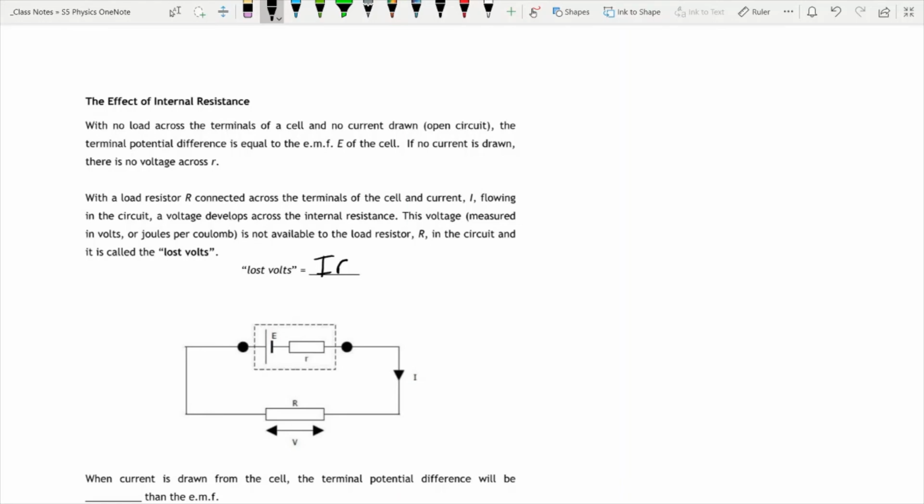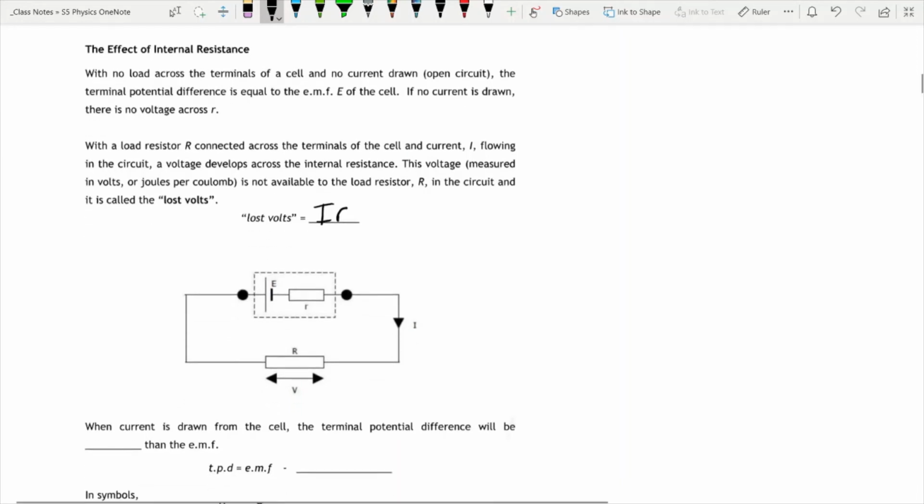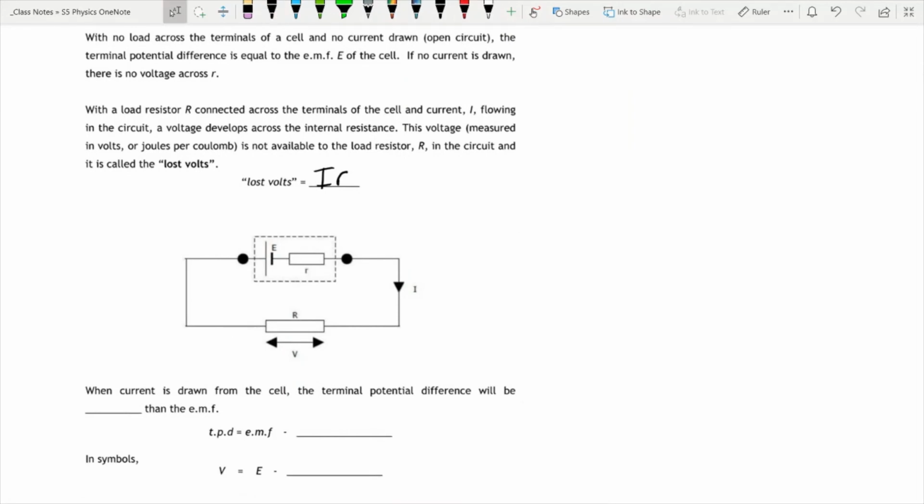For example, the EMF, the total voltage, might be 2.5 volts, but the TPD, the actual voltage that gets applied to the circuit, could be 2.4 volts. So the loss volts would be the difference between those, 0.1 volts. So you have an EMF, a total voltage, you have a TPD, the terminal potential difference that gets applied to the circuit, and you have loss volts, which is the difference between the two. When current is drawn from the cell, the terminal potential difference will be less than the EMF.